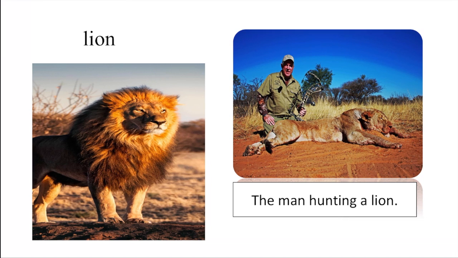Some people hunt lions. This man is hunting a lion. Some people hunt lions as their food, or they collect bones from the lion, or they use lions to make clothes.